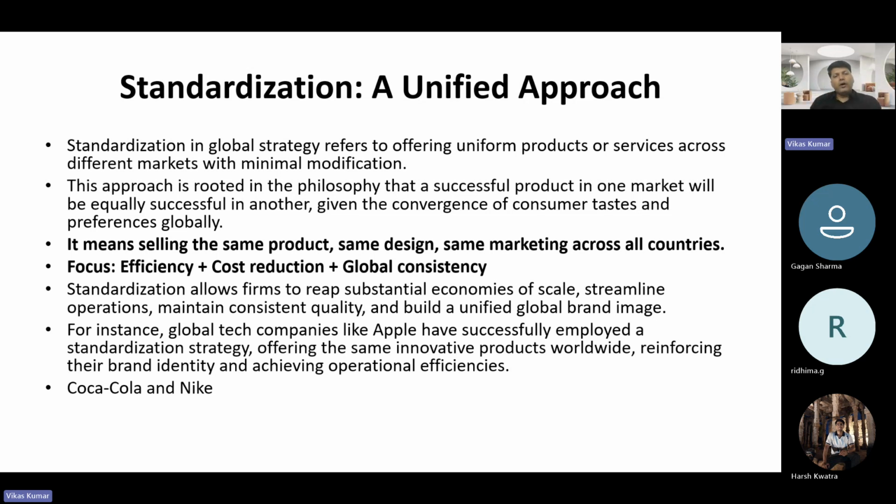Like Apple's premium brand smartphones, they are liked by people in different countries all over the world, on different continents. So standardization means selling the same product, same design, or same marketing across all countries, which leads to efficiency, cost reduction and global consistency.